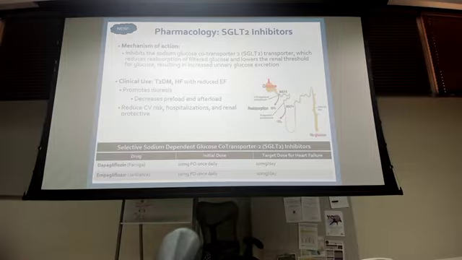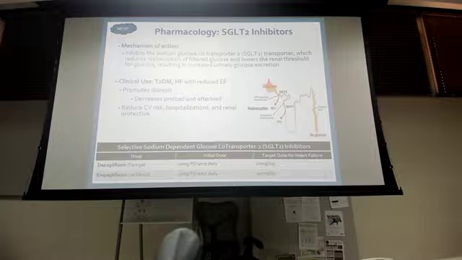And where does water go? Follows the sodium out, or by osmotic diuresis follows the sodium out. I'm sorry, the glucose out. Independent of diabetes status, SGLT2s reduce heart failure hospitalizations, cardiovascular mortality, and it's good for all classes of heart failure.